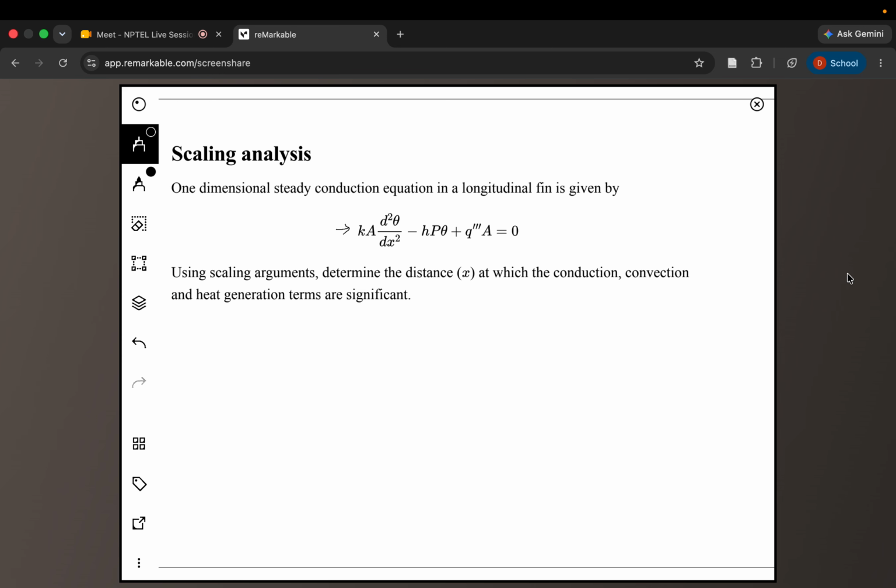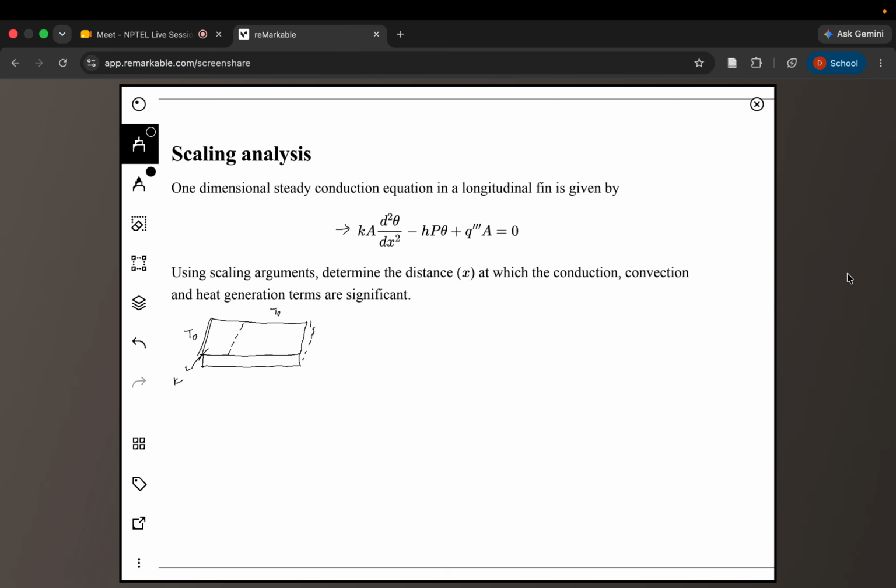A fin is essentially, let's say, a wall is there, and then you have some extended surface from the wall, something like this. Let's say the wall is at a temperature T naught and the fluid is also at the same temperature. This is an external surface of thermal conductivity K, and A is the area of cross section.